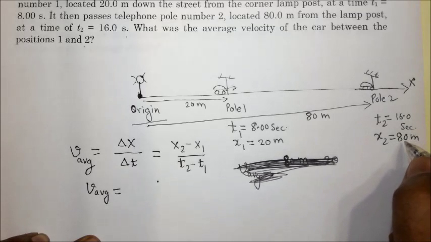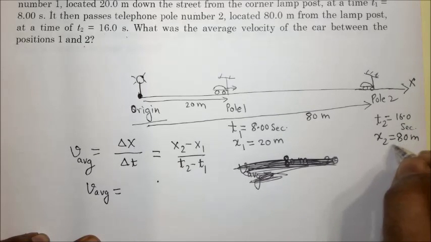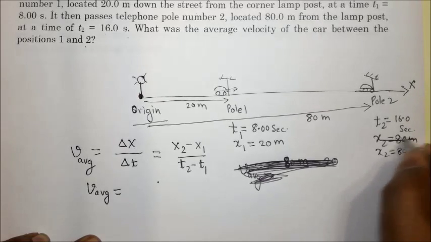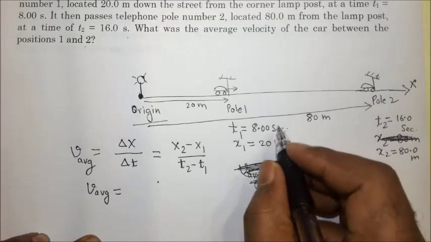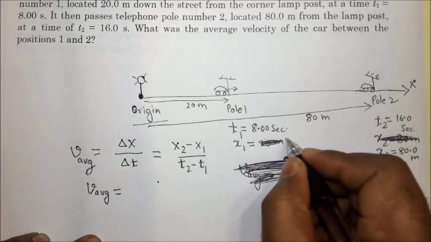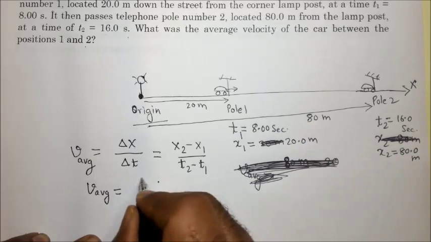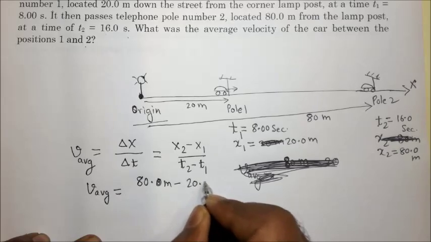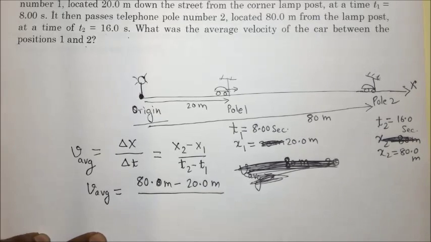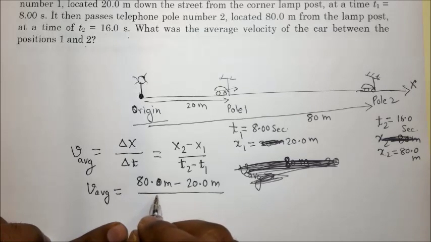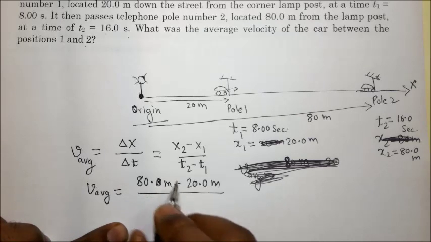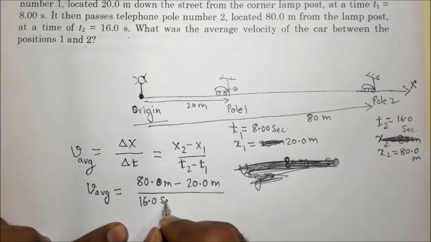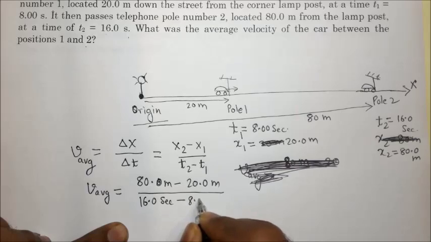this is 80.0 meter, and this is 20.0. So 80.0 meter minus 20.0 meter over 16.0 second minus 8.00 second.